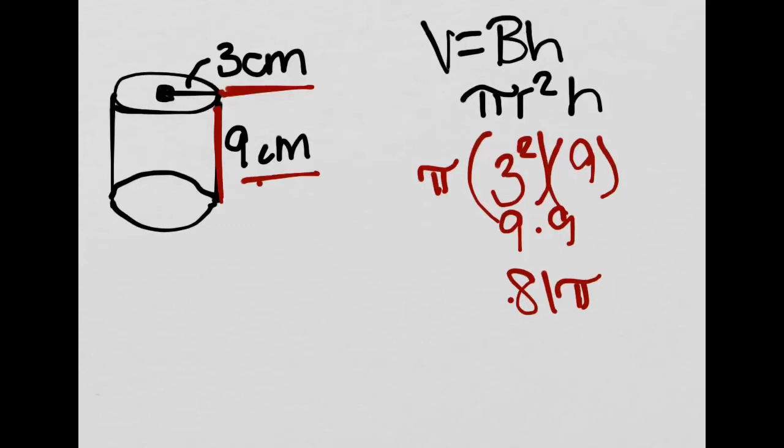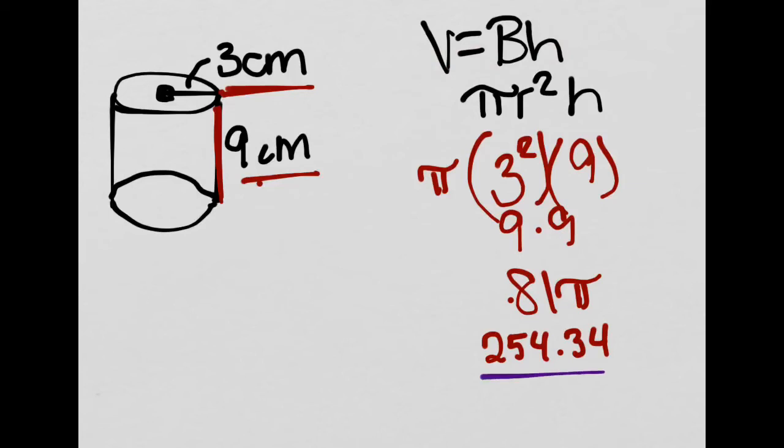So 81 times 3.14 is going to give me 254.34. Now, this is because we squared something right here and then we multiplied something out. That again shows us that our volume, our label is always going to be cubed.